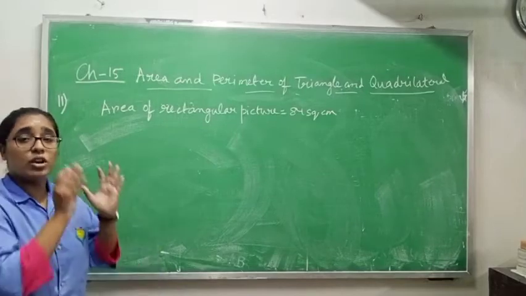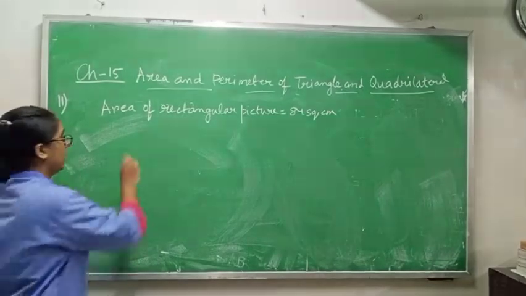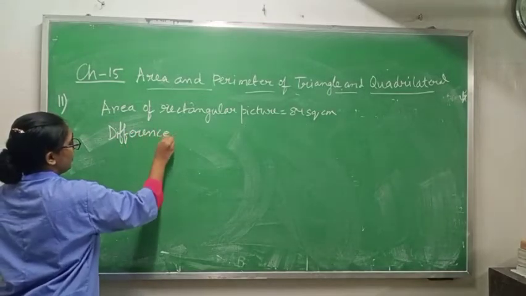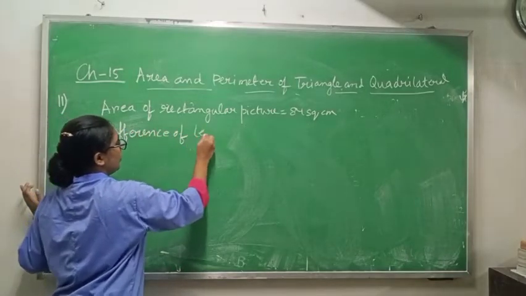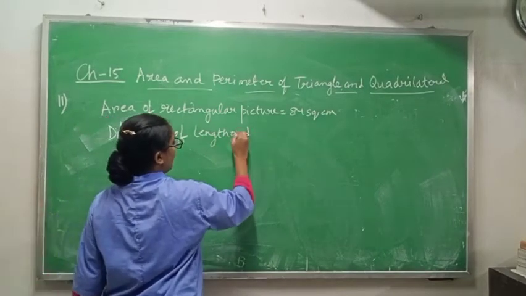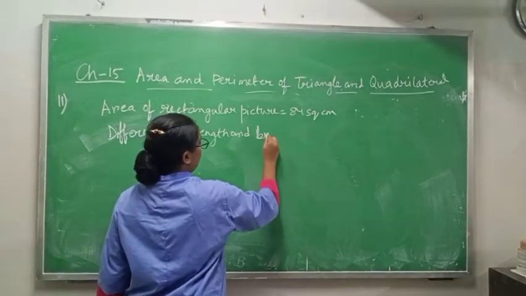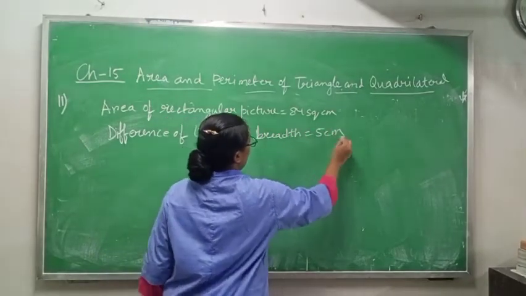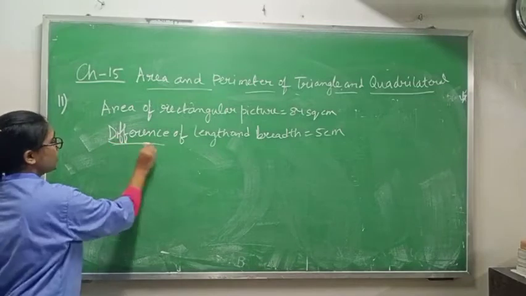Now after this it is written, the difference of length and breadth of the paper is 5 centimeter. So difference of length and breadth, how much? 5 centimeter. What is the meaning of difference?